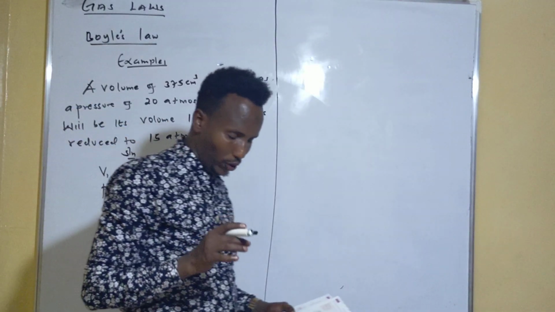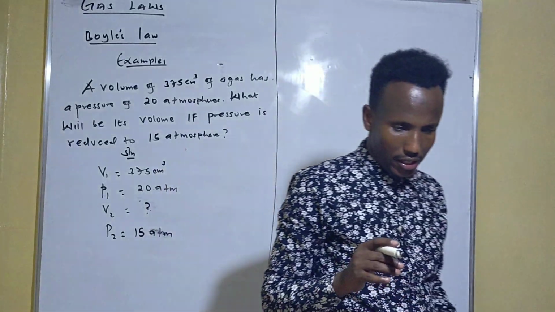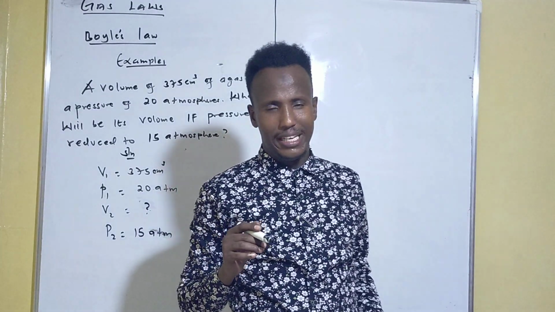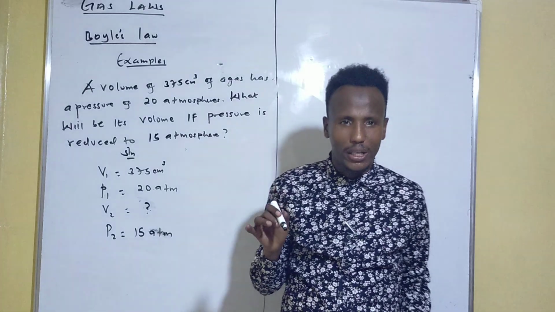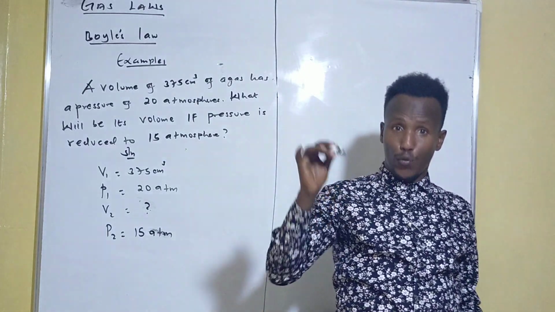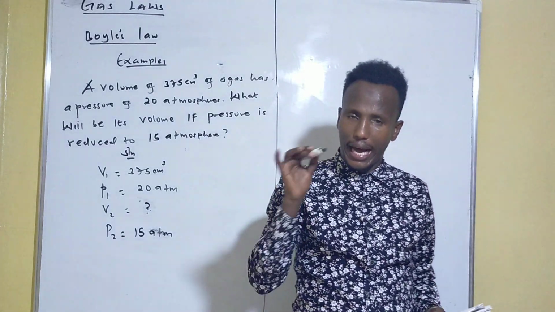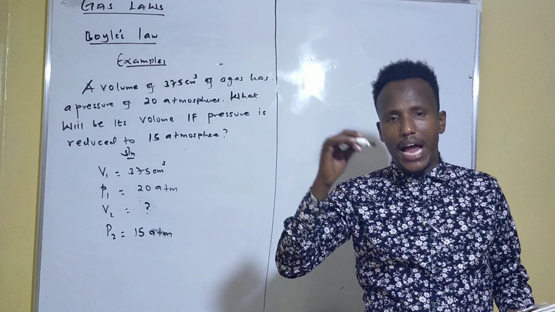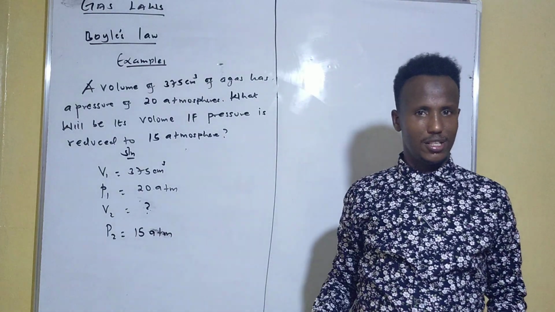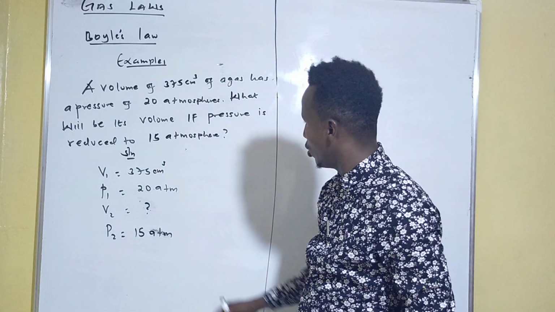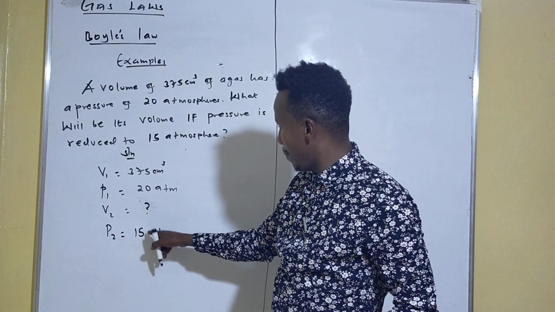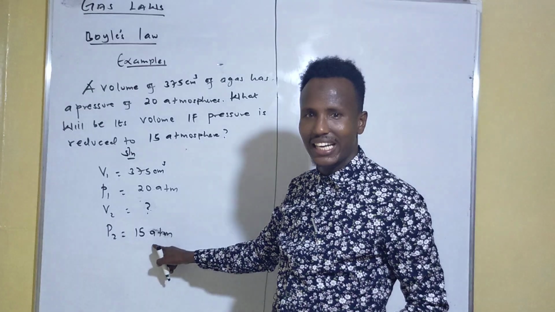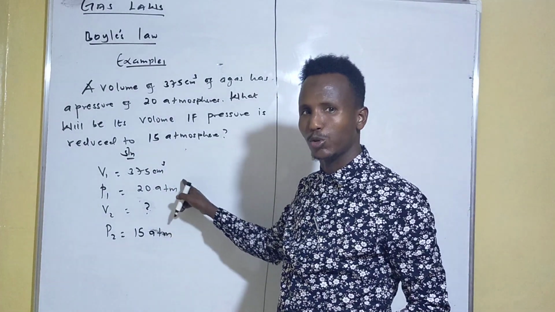Remember when we're talking about inverse proportion, an increase in one quantity causes the decrease of the other related quantity, and a decrease of one quantity causes an increase of the other related quantity. Bear in mind that one, because here we know that pressure is decreasing and there's what we normally call inverse proportionality here.